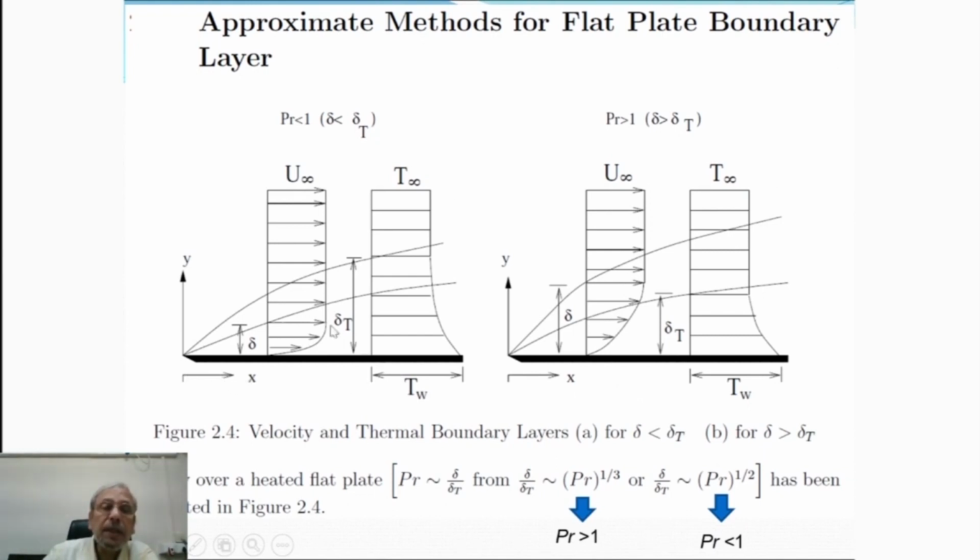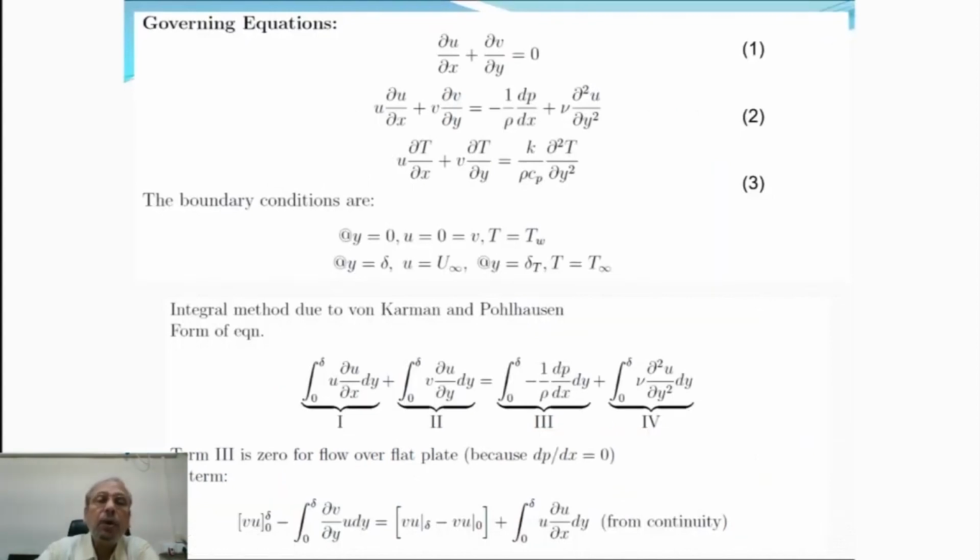We can see, as I said, the growth of the velocity boundary layer and thermal boundary layer on the flat plate, which is heated at a constant temperature Tw. So the governing equations are the continuity equation, del u del x plus del v del y equal to 0.